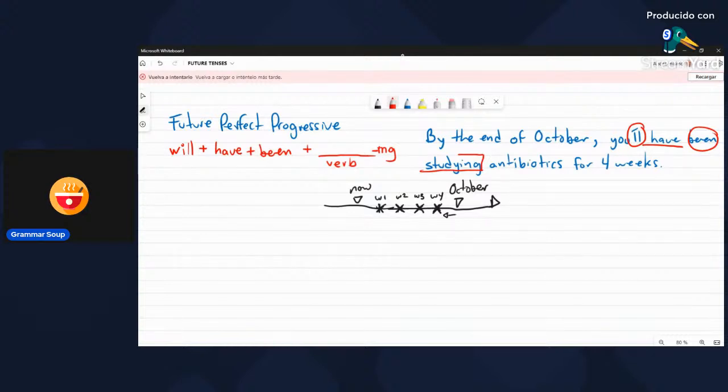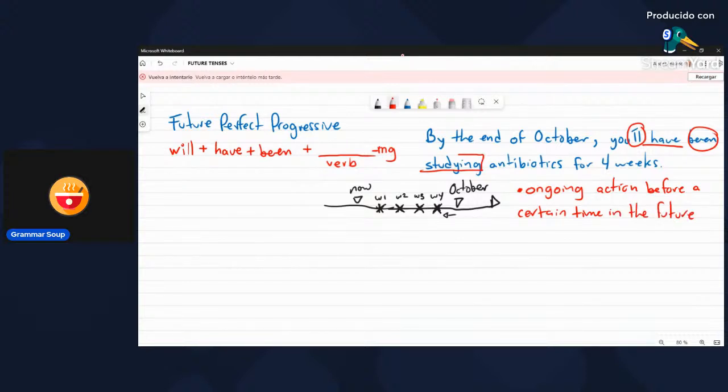If we want to describe the use, we can say that we can use it for an ongoing action before a certain time in the future.